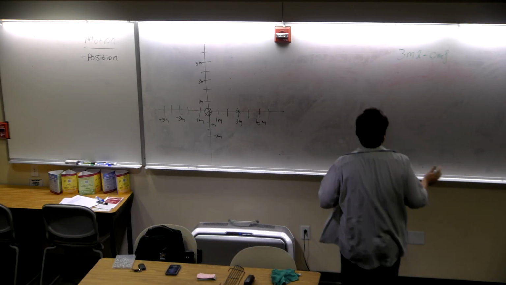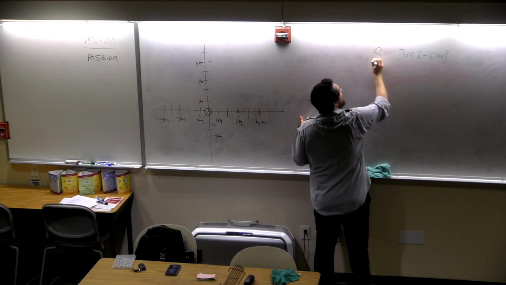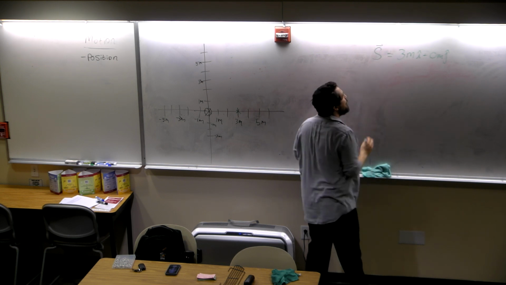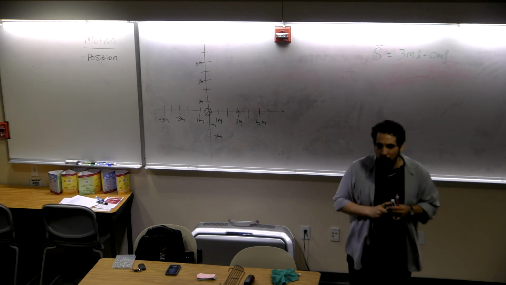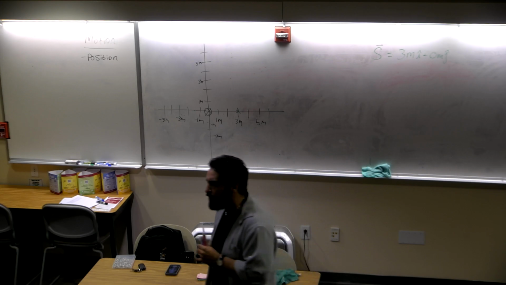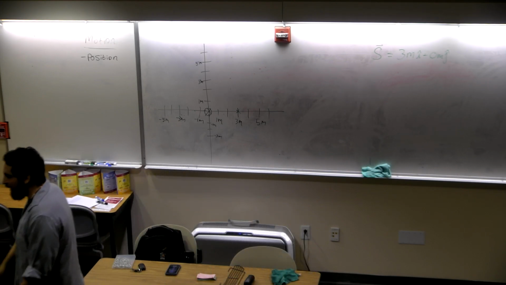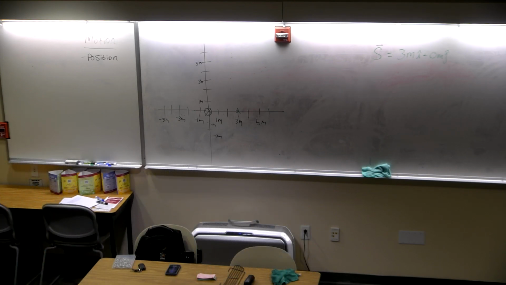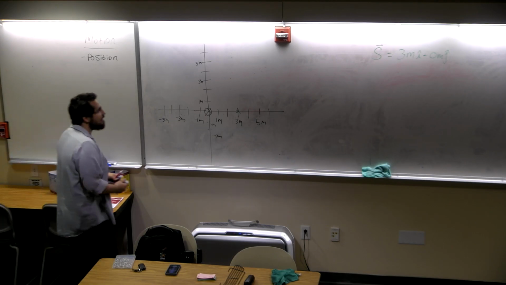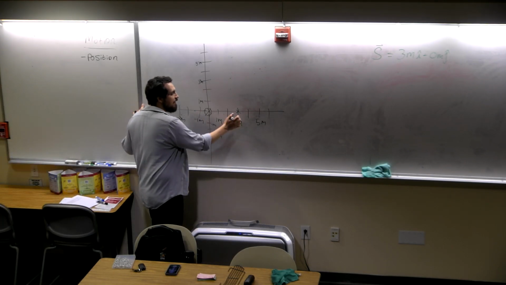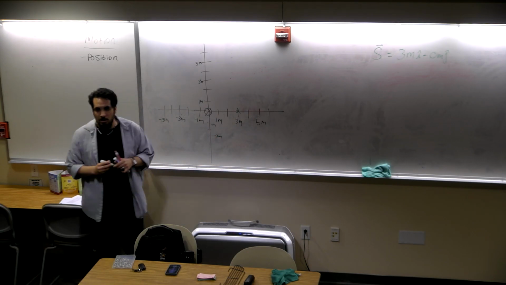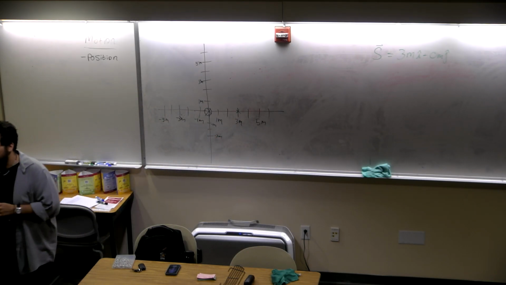Let's try another one. Let's look at a different location. Let's take this marker and say we are looking at that location right there, the red location. What is that red location? That red location will have a position given by what? Well, we are 2 meters to the right and 4 meters up, right?